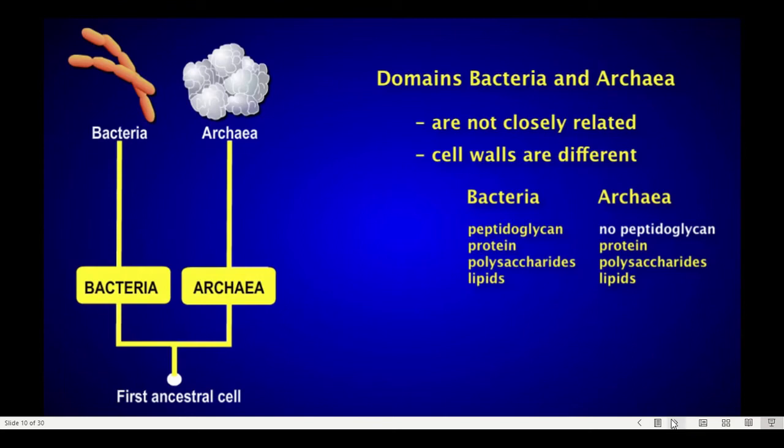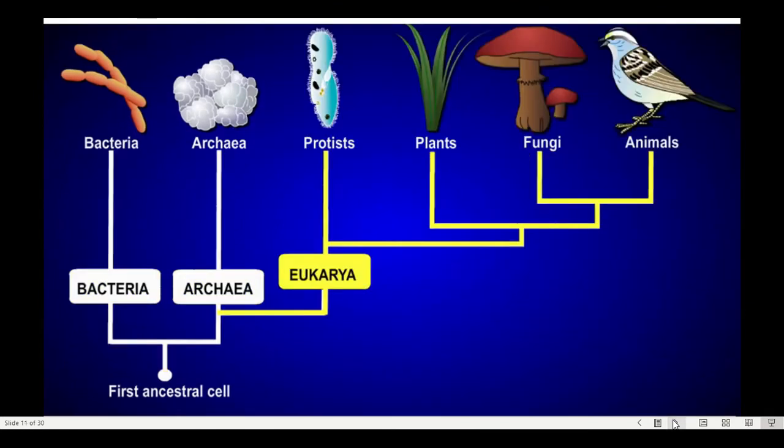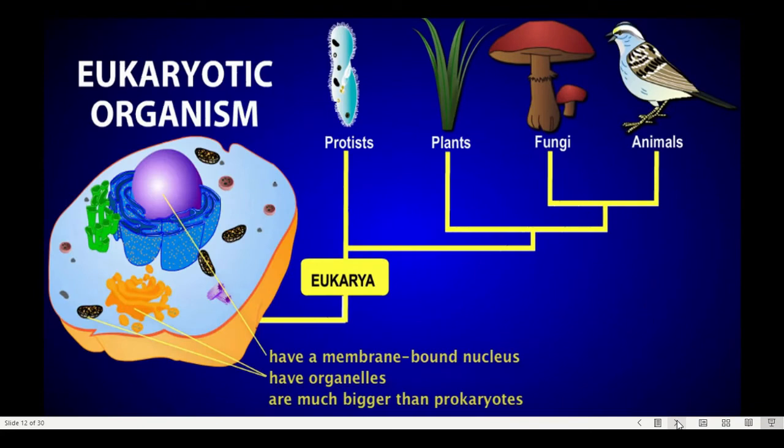Ganun lang kasimple yung katawan nila. Pero itong eukarya, ang pinag-ugatan nito ay the eukaryotes. Kaya nagsimula siya sa syllable na U, means true, having true nucleus. Sa eukaryotes sila galing. So, meron siyang example sa protists, plants, fungi, and animals.